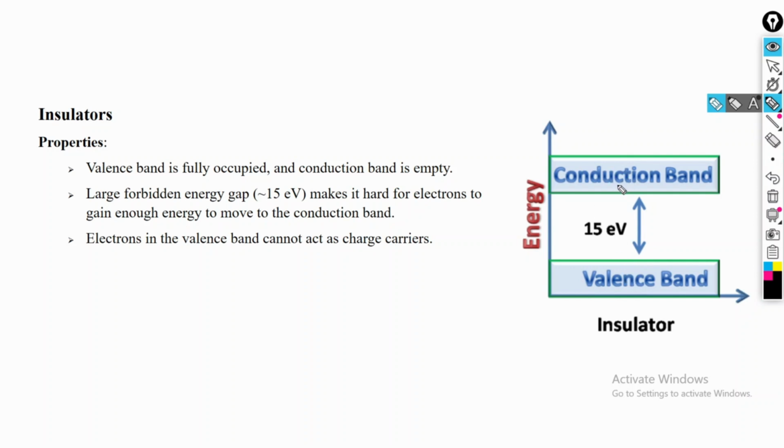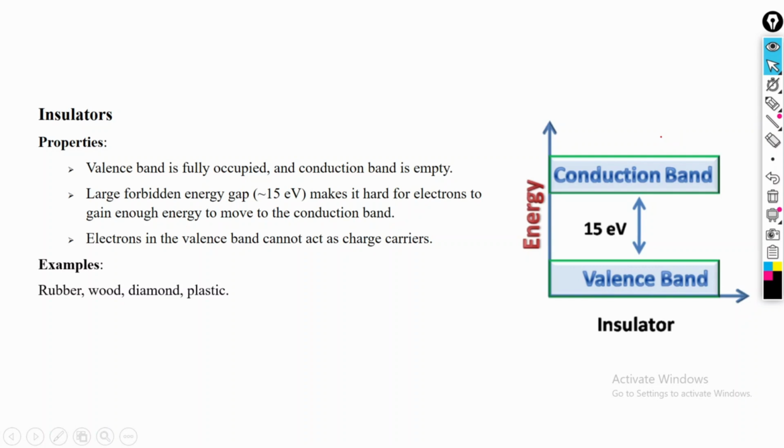Electrons in the valence band cannot act as a charge carrier. Only the electrons present in the conduction band are responsible for the conduction of heat and electricity, and will behave as charge carriers.